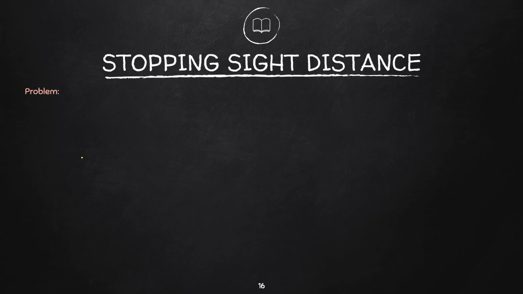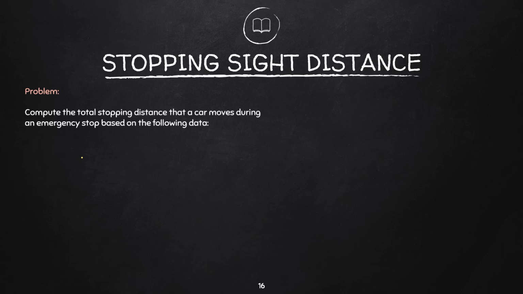And let's have some examples. So we have a problem. Compute the total stopping sight distance. Sorry for that. That the car moves during an emergency stop based on the following data. The initial velocity of the car is 60 kph, or this should be v sub 0.